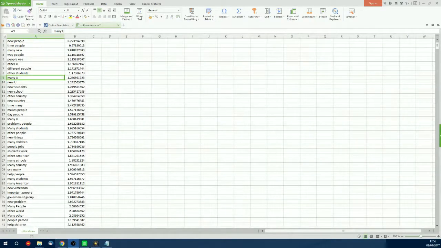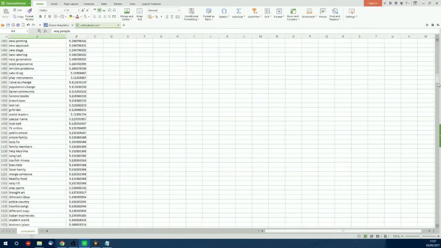On the screen you can see a sample list of all the bigrams with assigned scores. Lower the score, less likely it is a collocation. That is why you see some nonsense bigrams, such as many new, way people, which will definitely not be collocations.